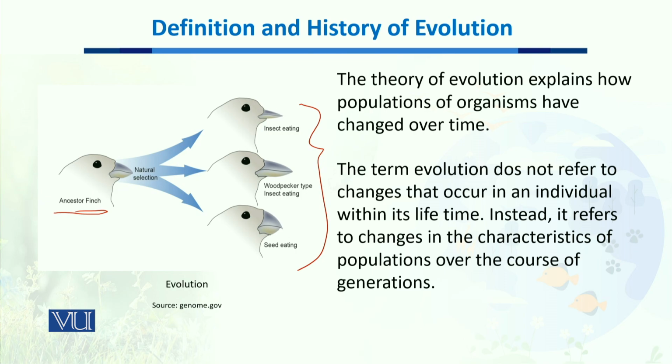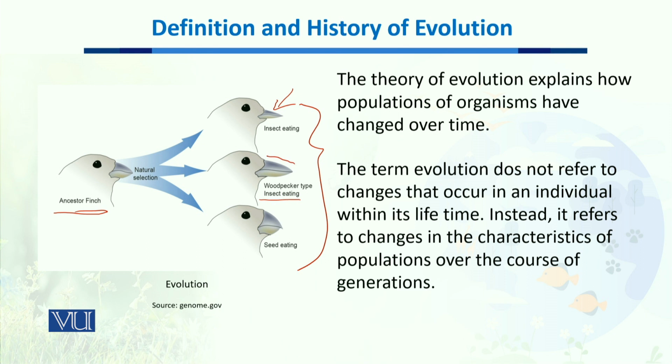When you see the change in their beak structure, you can see that the same ancestor finch gave rise to a population of insect-eating finch, which is quite different from its parents. Then the second one is the woodpecker type insect-eating finch, which is also different from its parent by having a quite large beak.